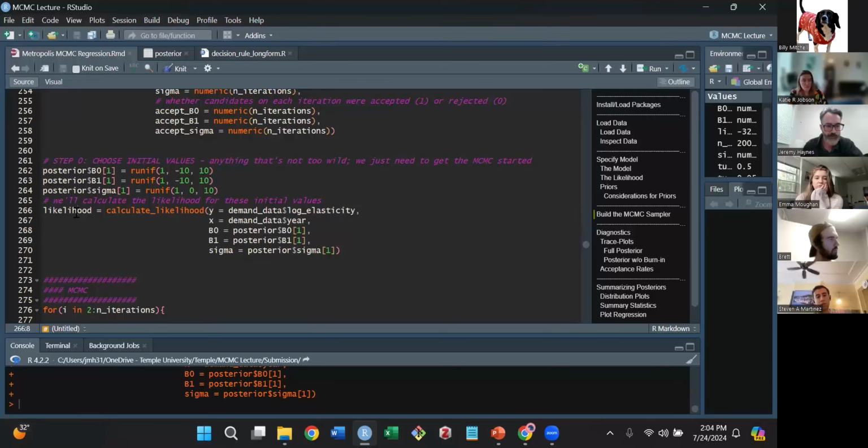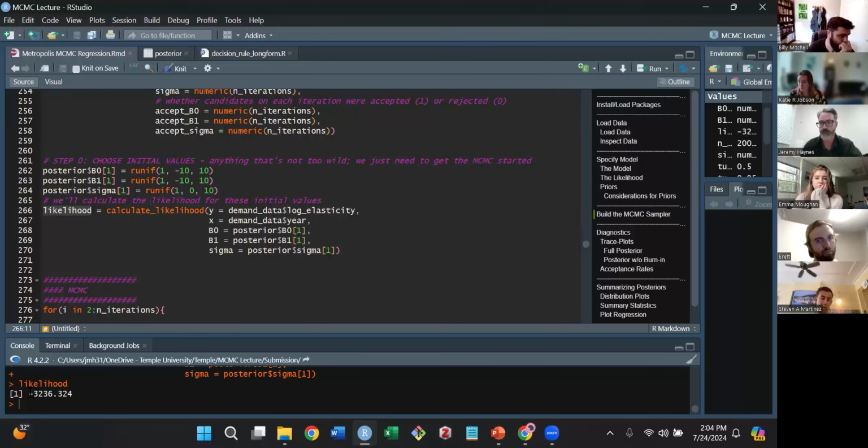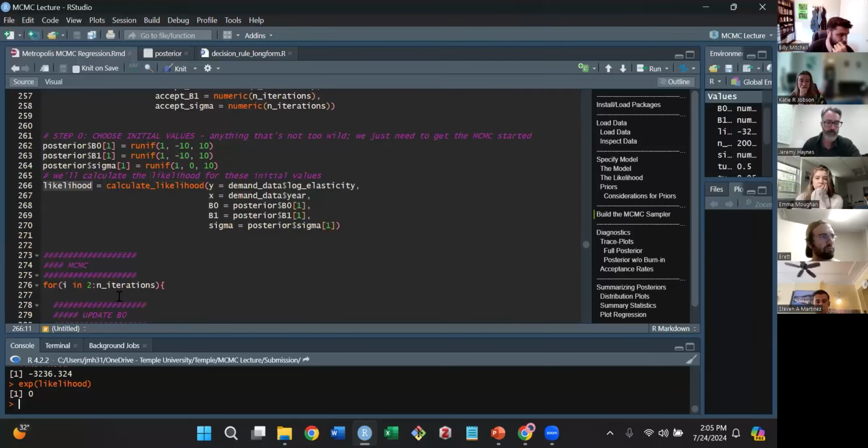I ran that code. The log likelihood of these data is some huge negative number that, because it's on log scale, we don't know what that means, but that's perfectly fine. You could exponentiate it. Let's check that out. R can't even process it as anything but 0. This is why we work on the log scale, because it's too small of a number to even worry about.